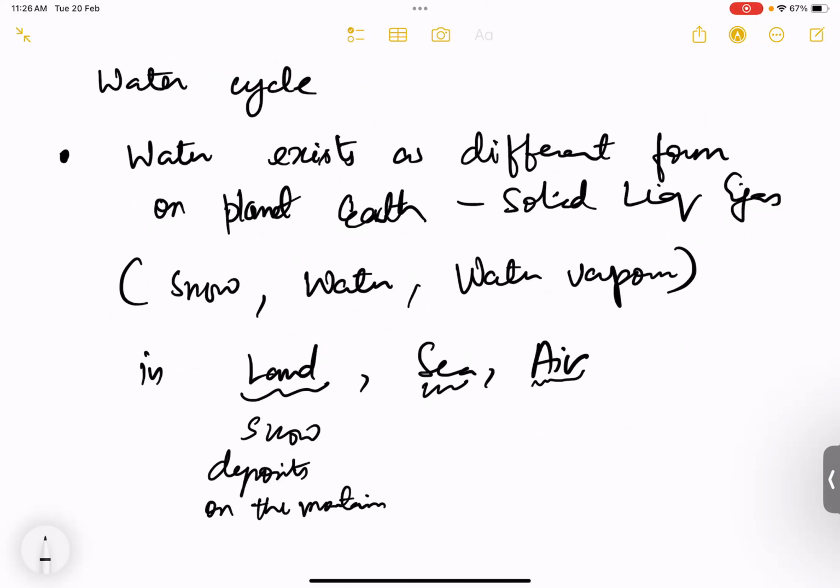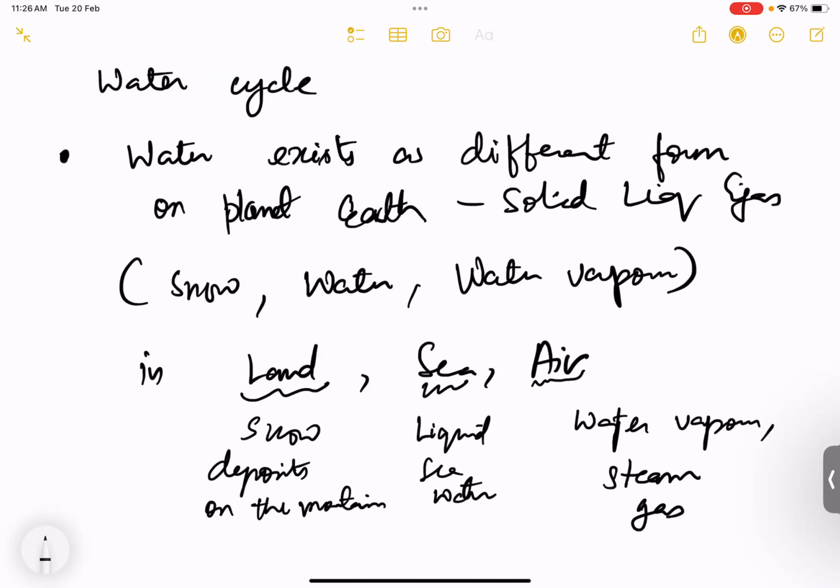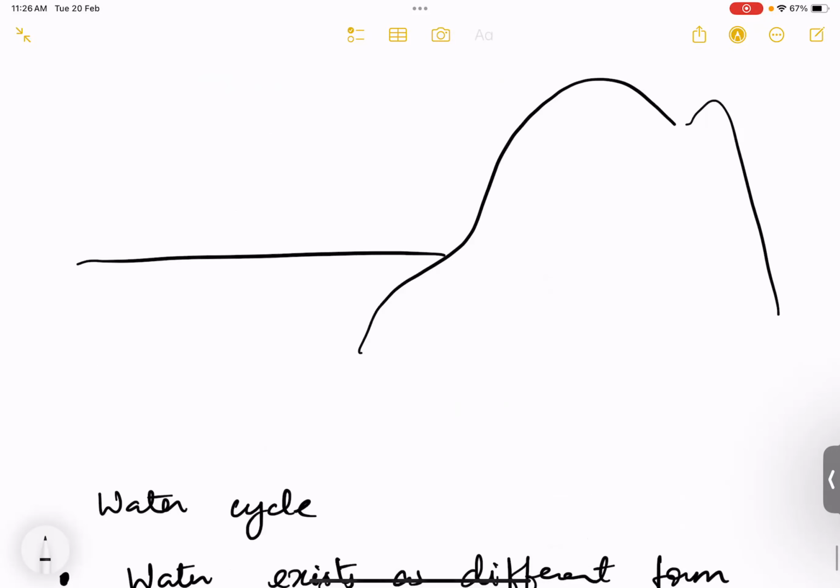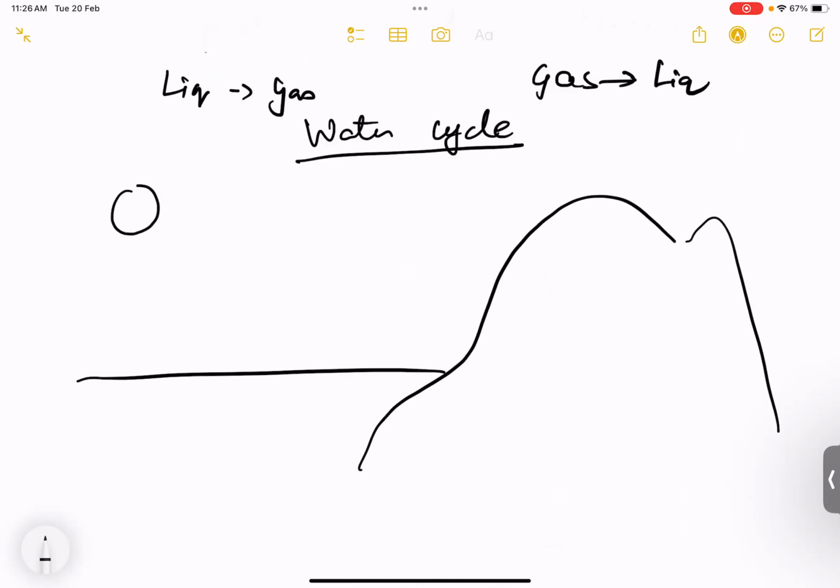Which is actually the solid form. In the sea we have liquid, right? It's sea water. And in air, we have the water vapor or the steam that you see, which is in gas form.